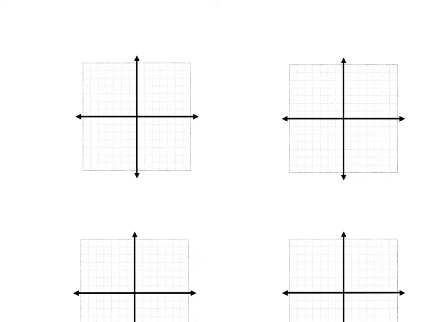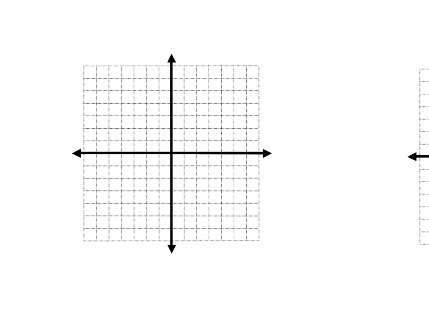Okay, so here's where they get the fancy stuff. All that I just showed you, you know how to do that. You need to know how to do this. Here's your two inequalities for this first one.